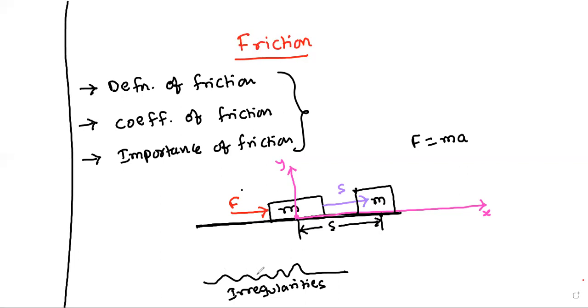Due to these irregularities, we can say the surface is rough. Here there are no irregularities, so that's why we call this a smooth surface. Now let us consider a rough surface.